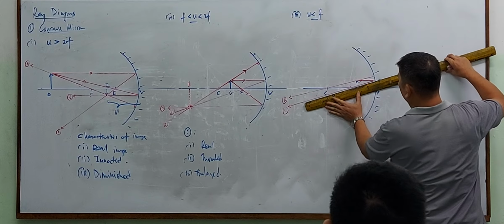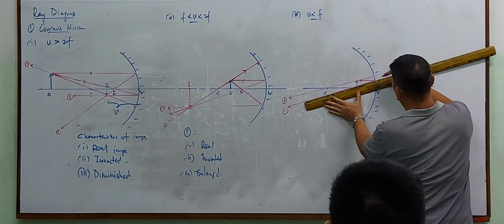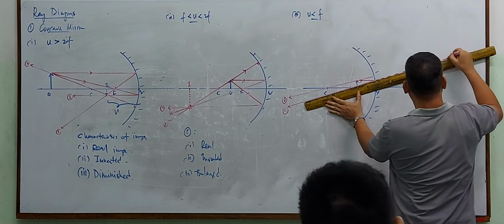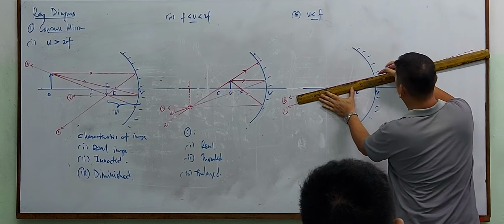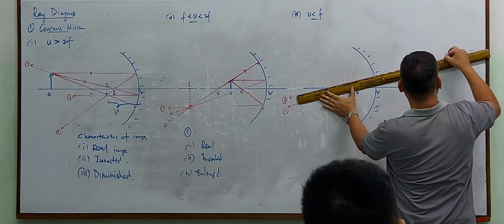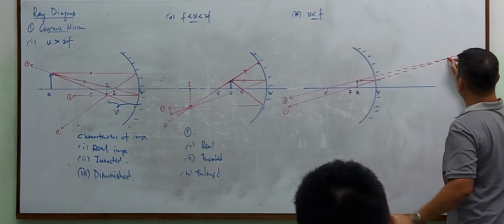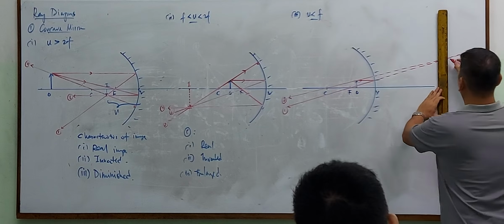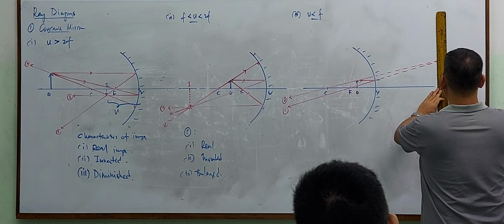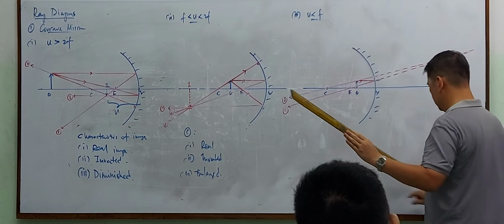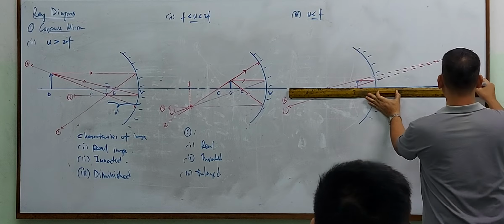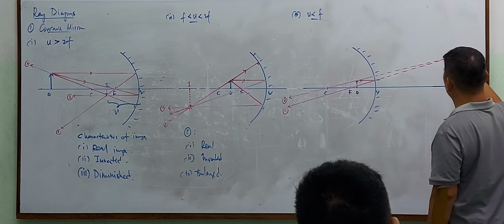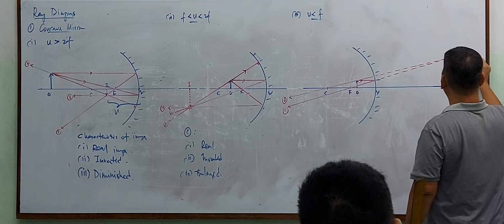If we extend the light ray back behind the mirror, we are supposed to get the intersection point behind it. So that is the intersection point, and this is our image location. Since this image is behind the mirror, this image is called the virtual image.